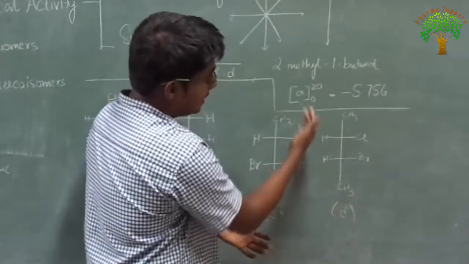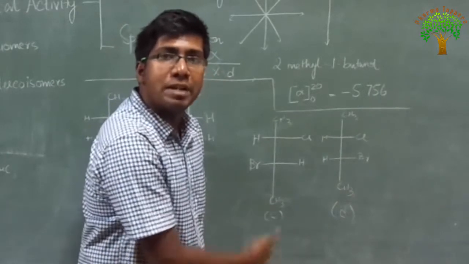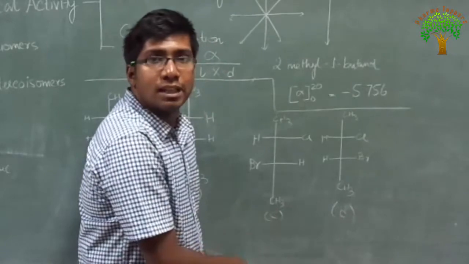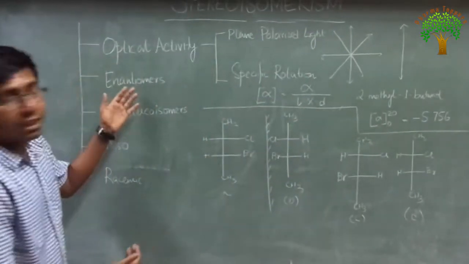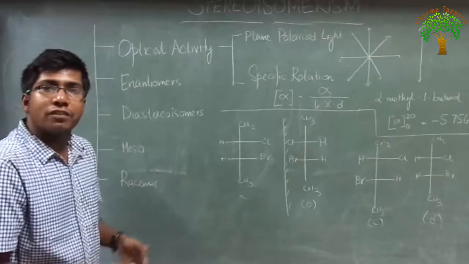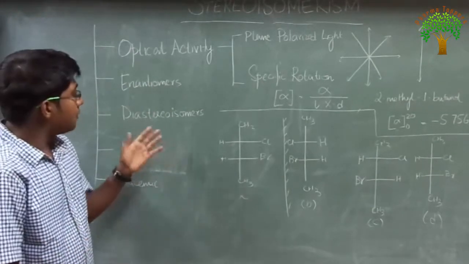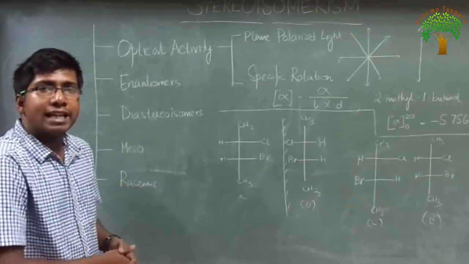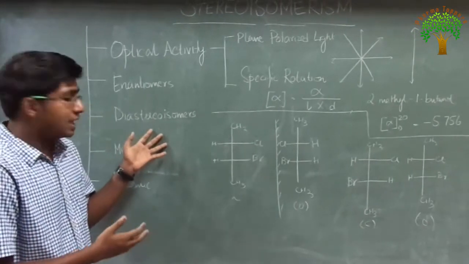You can easily understand these two do not exhibit any mirror image relationship, so compounds C and D are diastereomers. Another important differentiation: the physical and chemical properties of enantiomers are similar, however for diastereomers they are totally different. They can be isolated and are different.